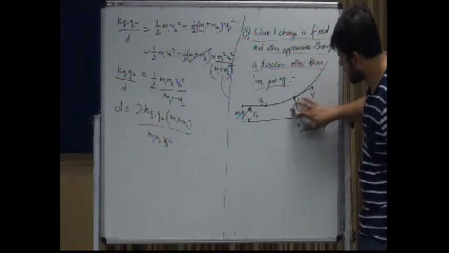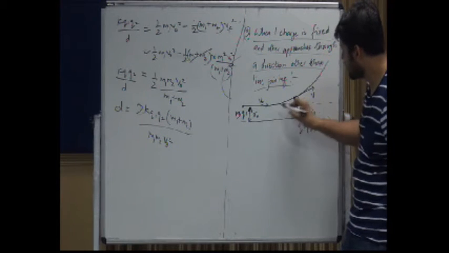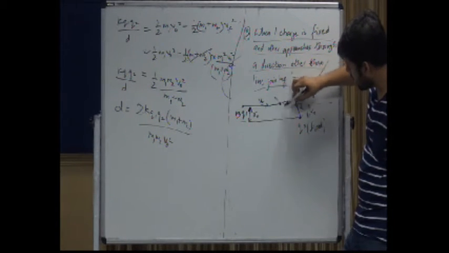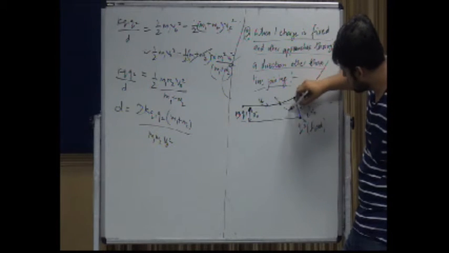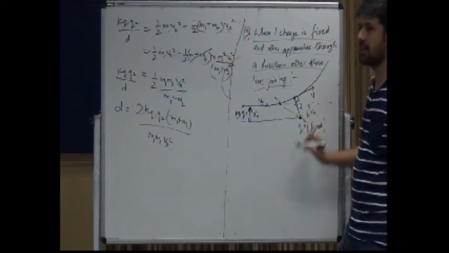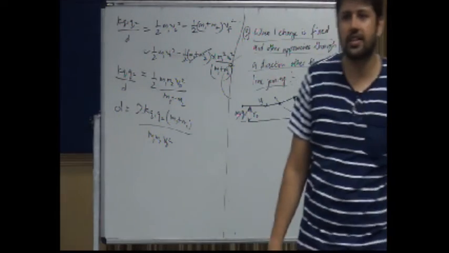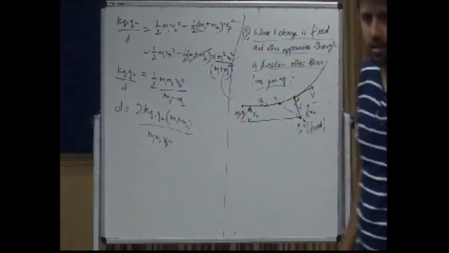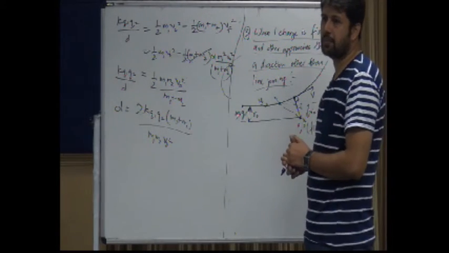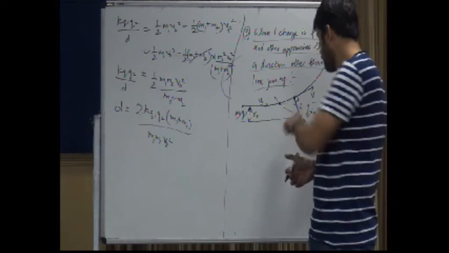So the force, let's say the particle is right now here, the force between them is directed along this line. Okay, if we take q naught as a reference point, the torque would be 0 about q naught. Is it okay? So angular momentum would be conserved about q naught.